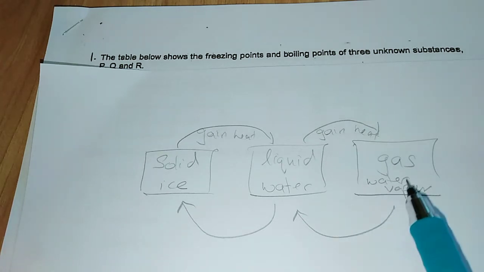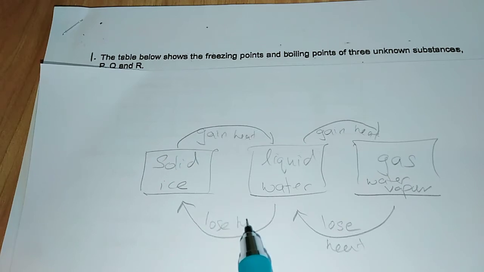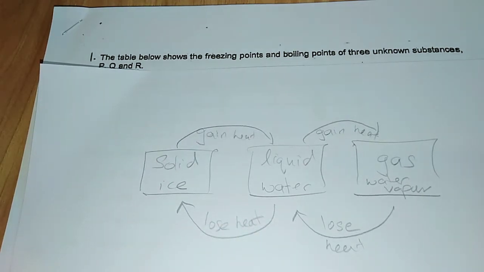And when gases lose heat, it becomes liquid. And when we put a glass of water into the freezer, the glass of water loses heat to the surroundings, which is a very cold freezer. It becomes a solid block of ice.